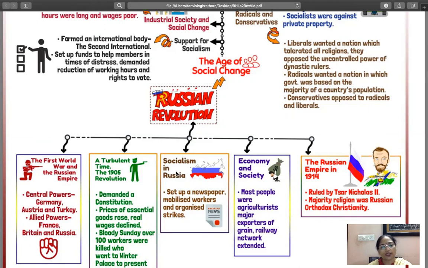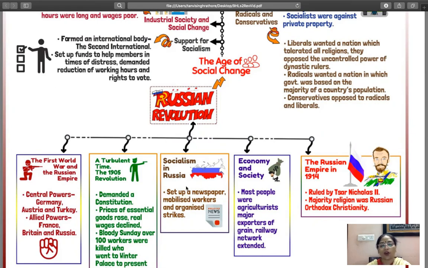Now we see how Russia adopted this idea of a socialist society, and there were two types of parties that were formed. One was the Social Democratic Party, the Workers' Party, which led the workers, and the other was the Socialist Revolutionary Party, which supported the peasants.